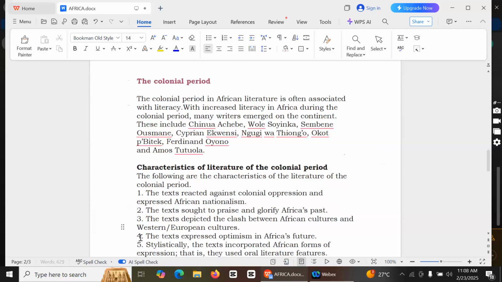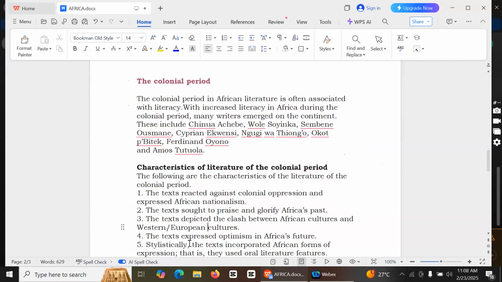Number four, the text expressed the optimism of African future. Also, the text shows that Africa has no future because white people came and destroyed everything, our hope, psychologically and even materially.